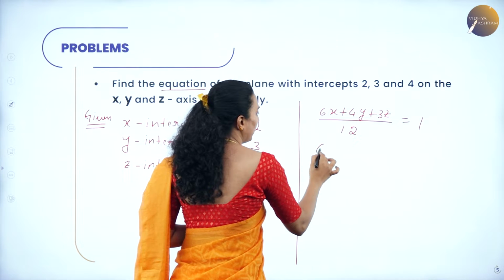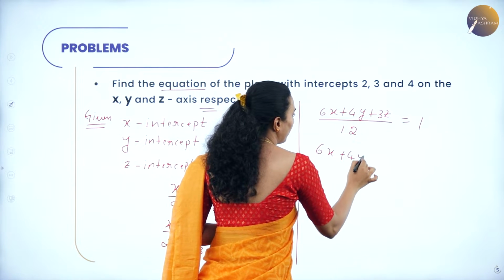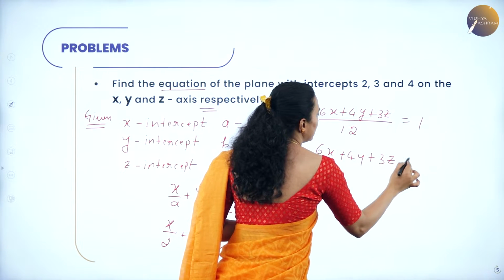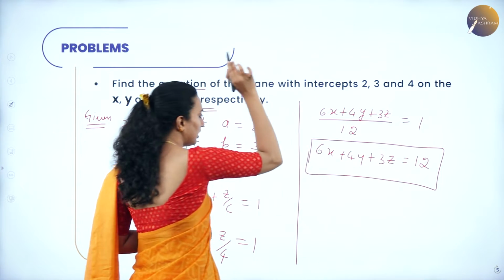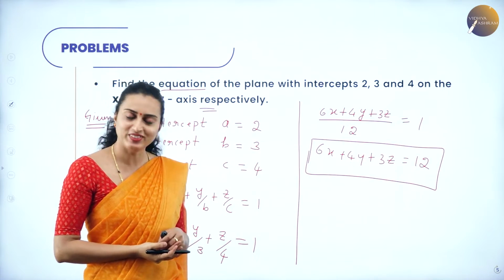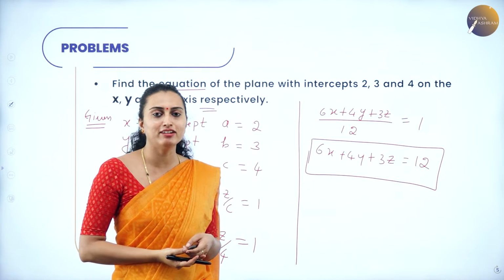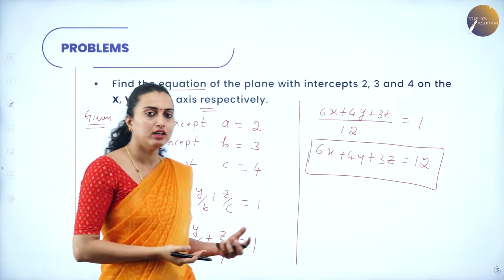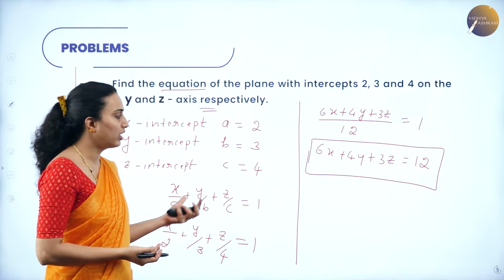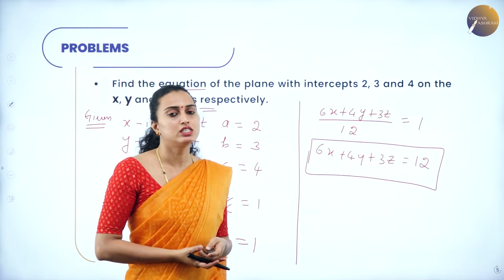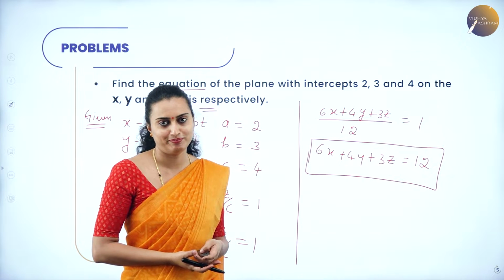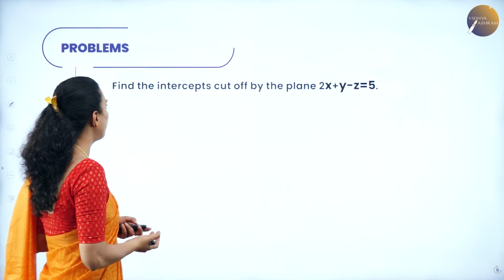Cross multiplying 12, 6x plus 4y plus 3z is equal to 12. So this is what is going to be known as the equation. That's it, dears. Is that easier? Right. If you remember the intercept form, you can do a problem according to the situation given. Now, we'll be moving on to the next problem.